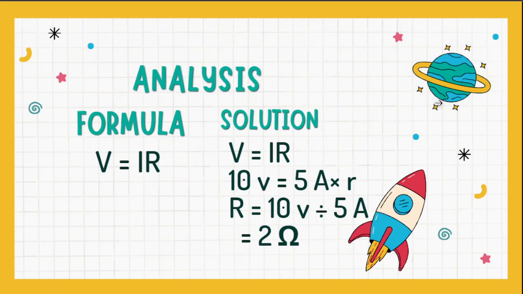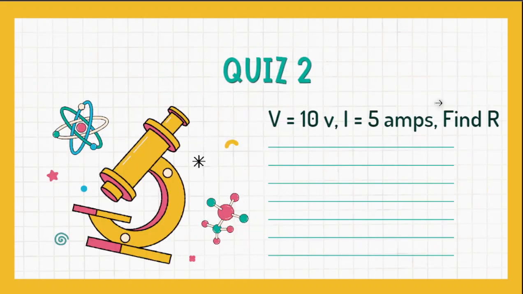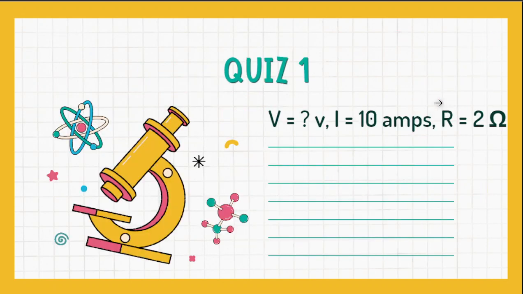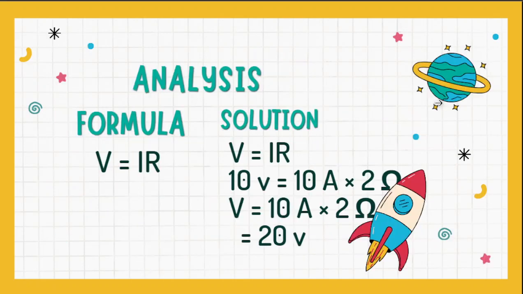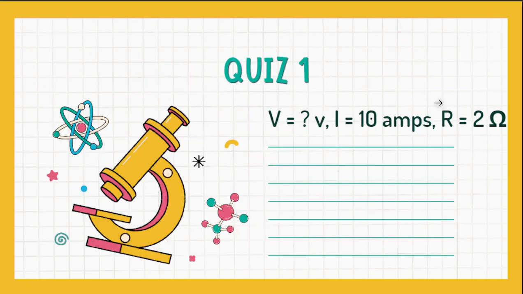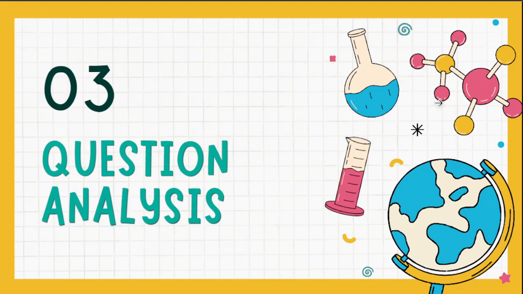R dash is the question mark, which is to be found. Like the algebraic equations in mathematics, R is equal to 10 volts divided by 5 amperes, which is equal to 2 ohms. Did you find any common relationship between both of these questions? The answers are related because the numbers given are the same.